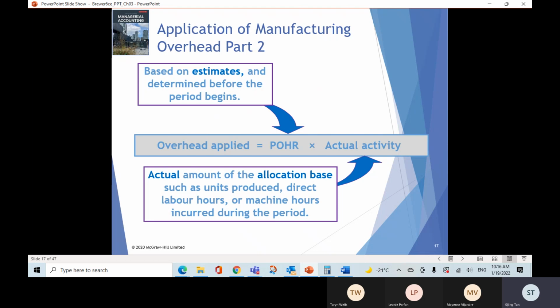So like the last example, we have $22.50 per direct labor hour. That is an estimated amount. Then when you apply those overhead costs to the real job, you need to know the actual direct labor hours that occurred by the time you finish that job. Then you use the rate times the actual activity. That is the overhead applied.